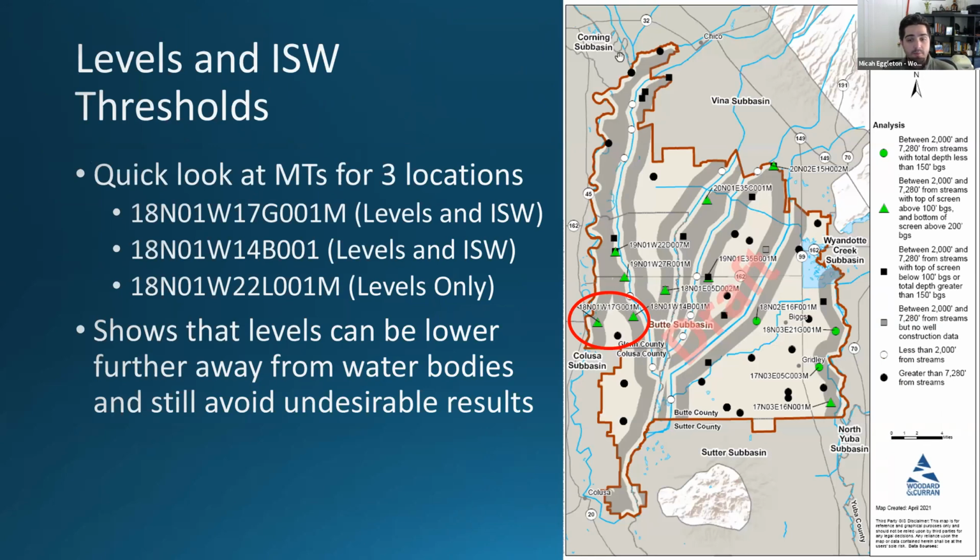I wanted to bring up this example right here. If we look at these 3 wells within this red circle, it shows that levels can be lower the further away you are from the water bodies, while still avoiding undesirable results based on how we define undesirable results and their identification.